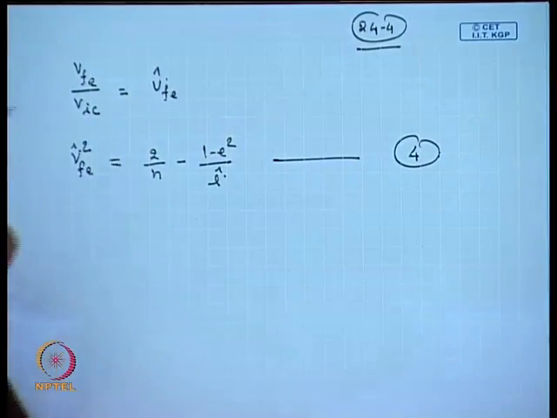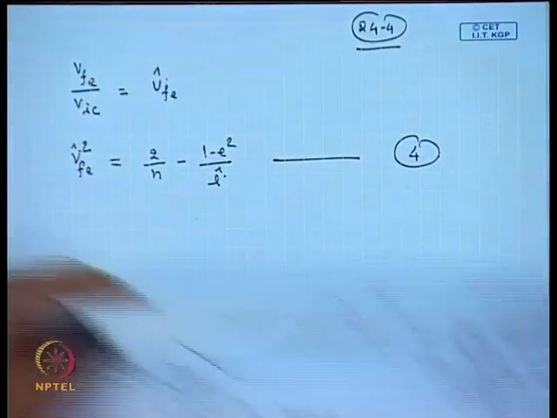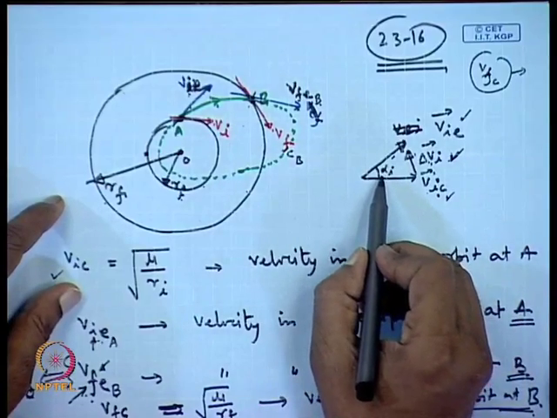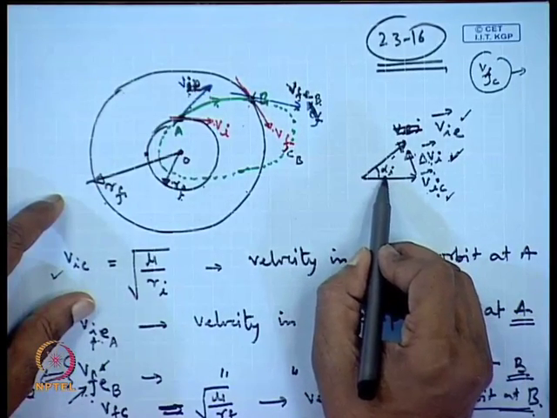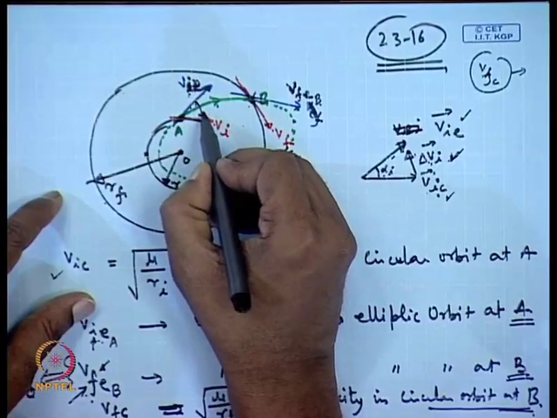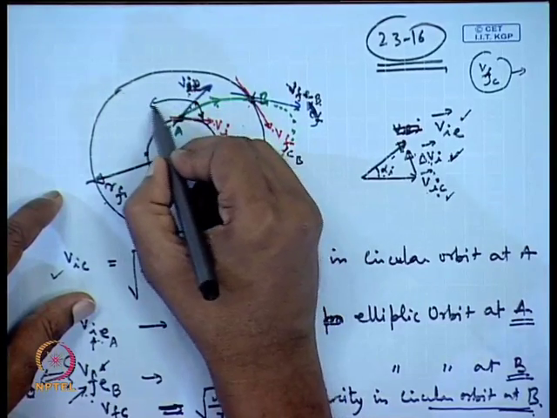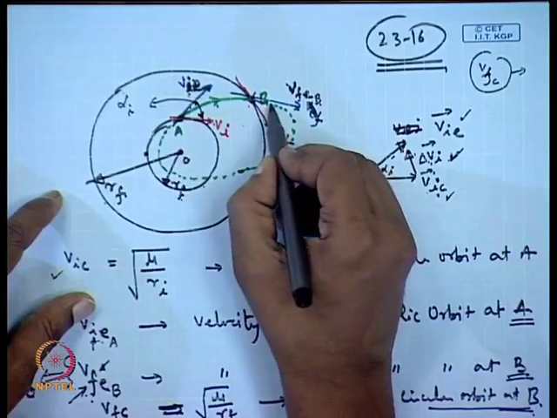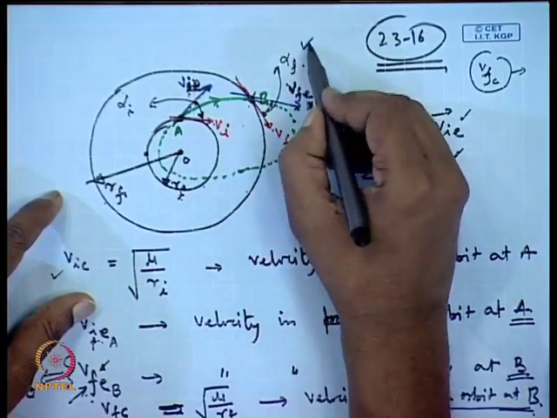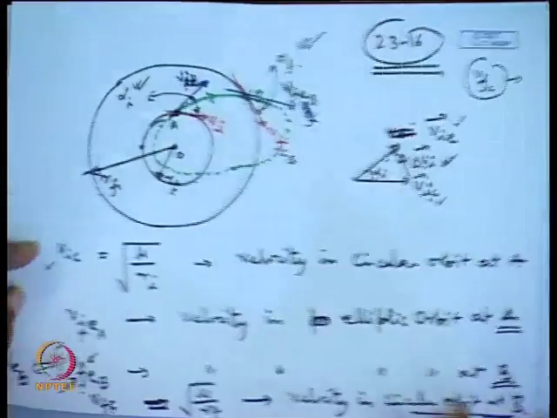Now, going back to our old figures, if we look into this figure, the quantities to be found further are alpha_I, which is the angle from here to here, and the angle between this and this is alpha_f. These two need to be worked out.